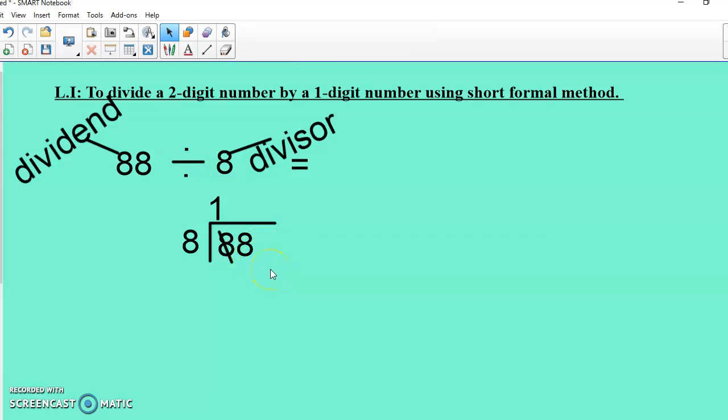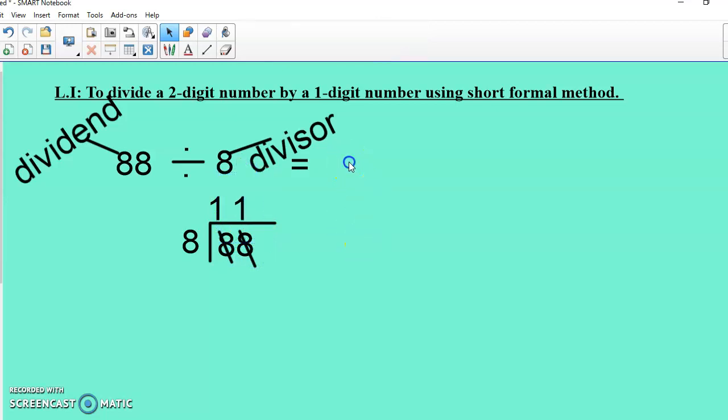If 8 children are sharing 8 apples, each person will get 1. So I cross my 8 again and I put my 1 on top.